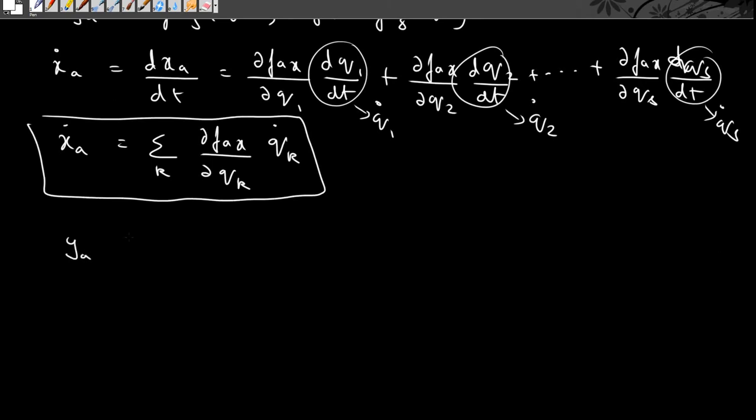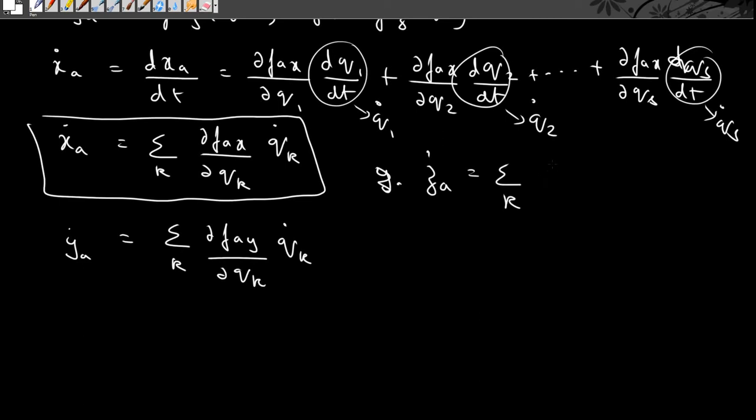Similarly, we will have y_a dot equal to a summation over k of dou f_ay by dou qk into qk dot, and z_a dot will be given by a summation over k of dou f_az by dou qk into qk dot.